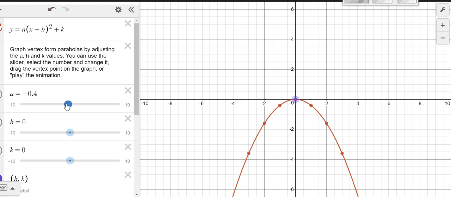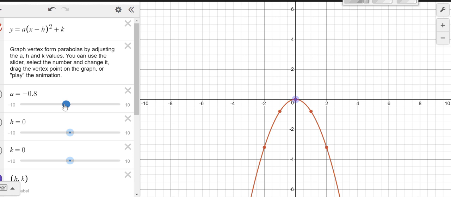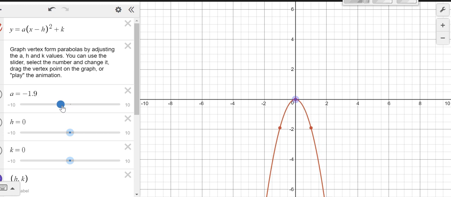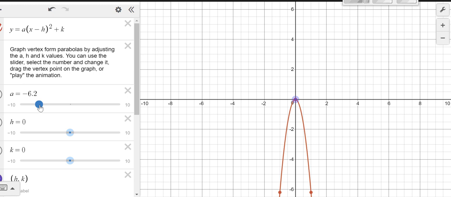And look what happens as I get closer to that -1. So again, I am at -1. And if I make that value of the number, regardless of the sign, like we're taking the absolute value of that A value, we are getting a more narrow picture again, right? It's just that it's negative, but it's going to be the same. So take a look at this.